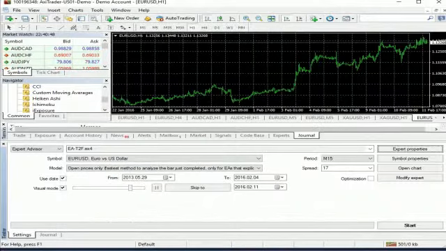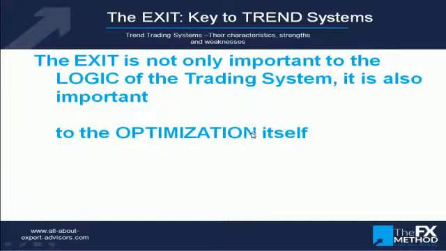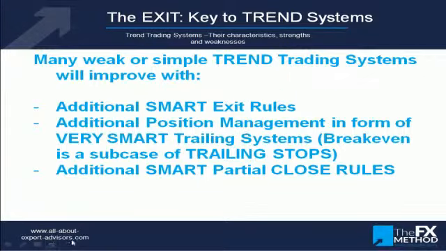So you should really know in your trend systems which parameters are the exit rules or belong to the exit rule, because they will really make a major difference in your ratio and in your earnings. So this is very, very important regarding trend systems.